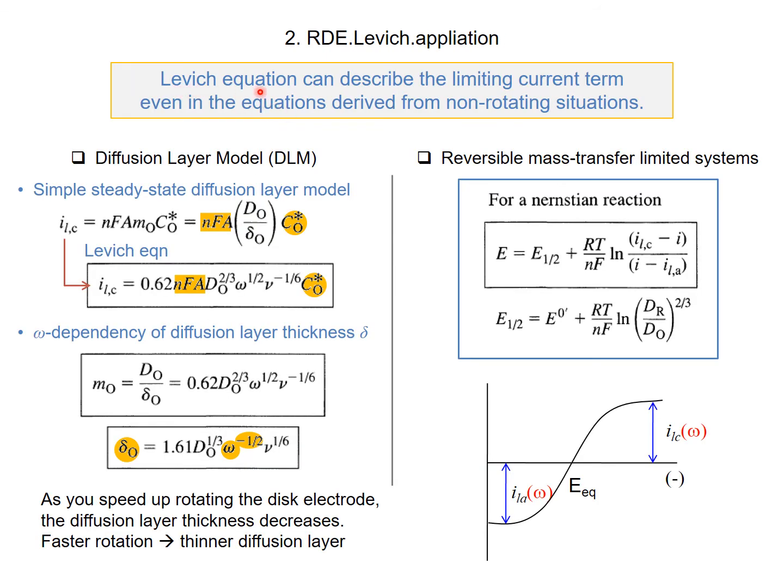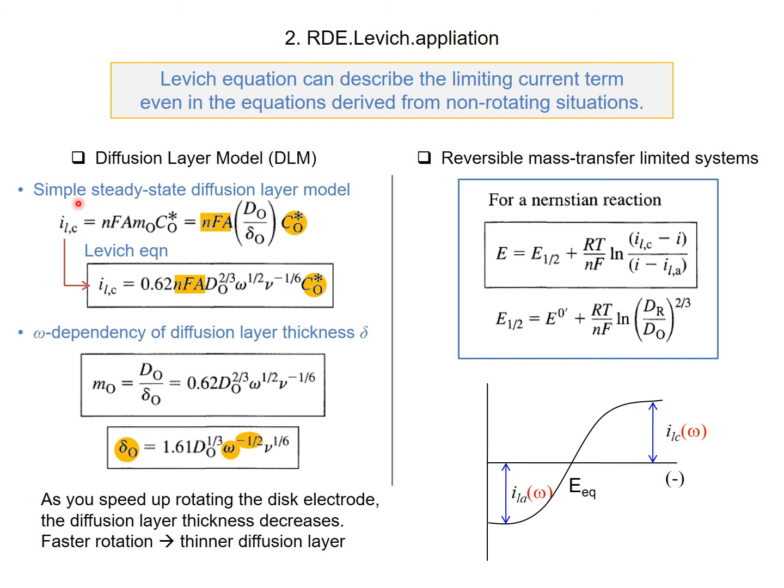The Levich equation can describe the limiting current term even in equations derived from non-rotating situations. Here is the first example, which is the diffusion layer model. You have learned about the diffusion layer model in the previous chapters.